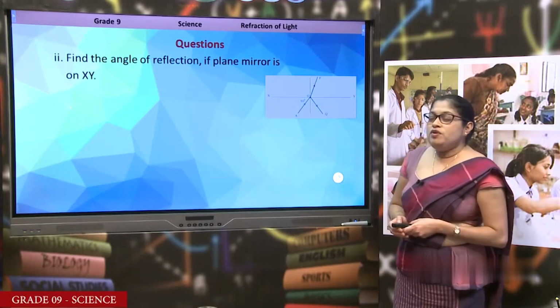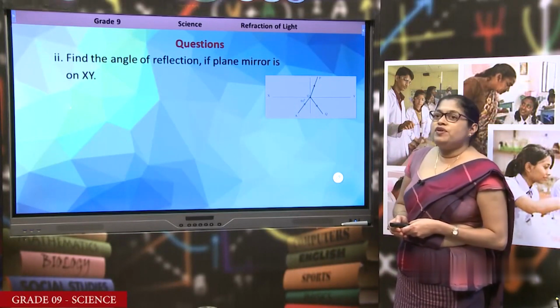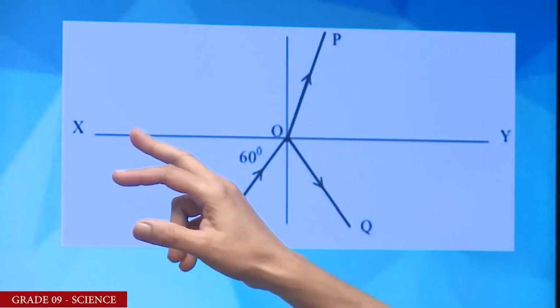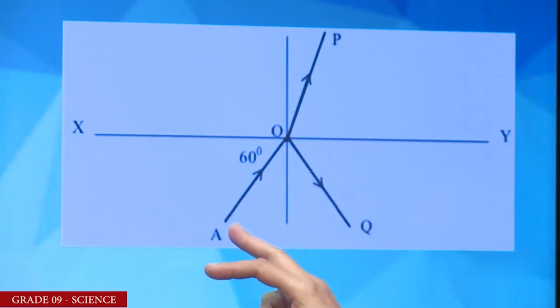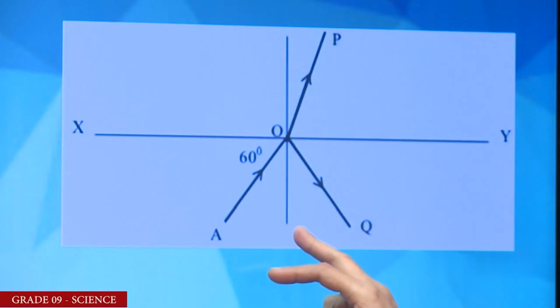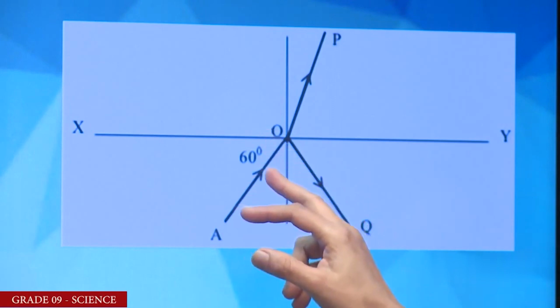Next, again you have to find the angle of reflection if the plane mirror is on XY. Here again you are given this angle, that is the angle between the mirror surface and the incident ray. So, you know this is the normal and this angle is 90 degrees.